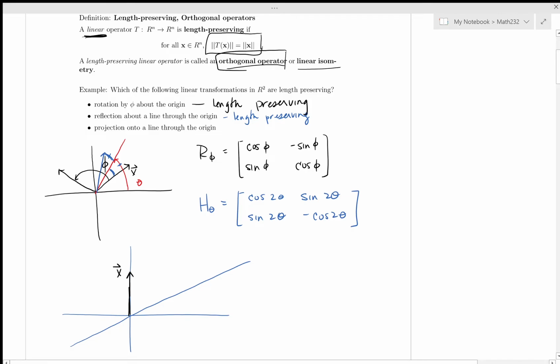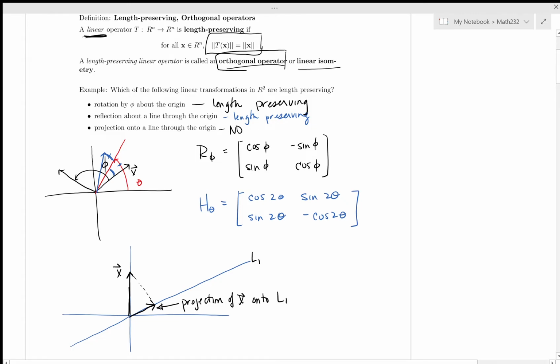So I go here at 90 degrees, and right down here is the projection of x onto L1. Let's just call this L1. Now, is that length preserving? No, it is not. You can see that the projection is, in this case, shorter than the original vector. So it's not length preserving.